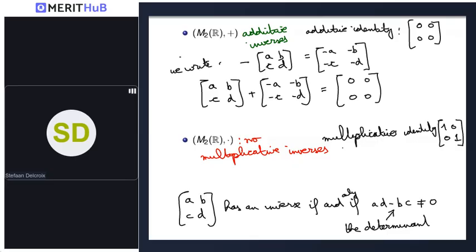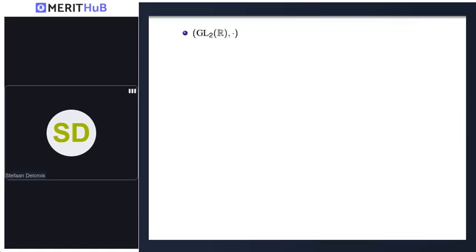The notation that we use there is not a star anymore, but we call that GL2R. So what is the definition of GL2R? It's all the 2 by 2 matrices whose determinant is not 0.